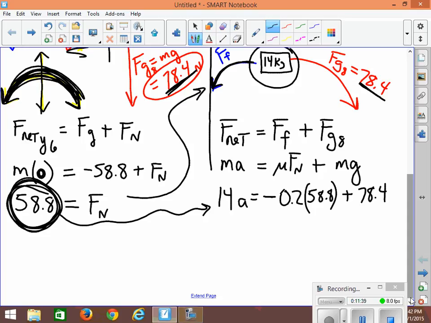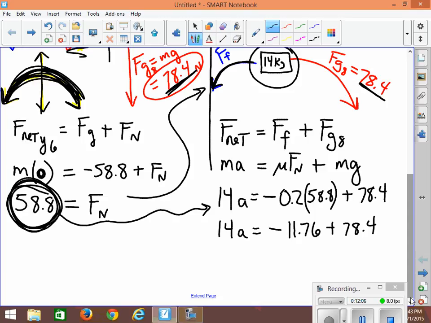So it looks like we can do a little bit of calculating here, and we can get ourselves an answer or a value for this acceleration. If we do 58.8 and we multiply that by 0.2, we can probably do that in our head. It's 11.76, and again it's a negative 11.76.